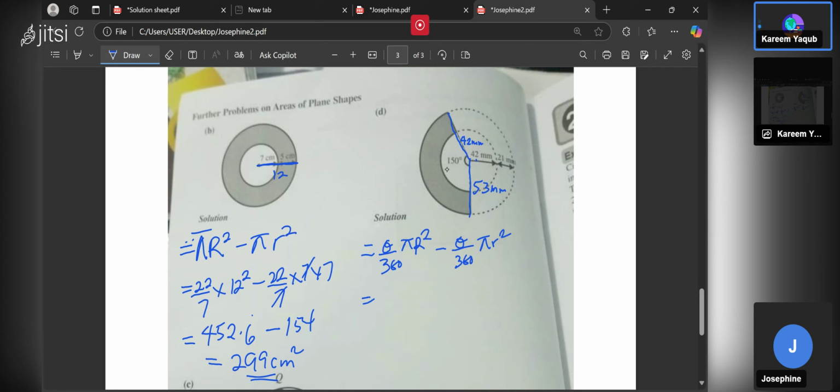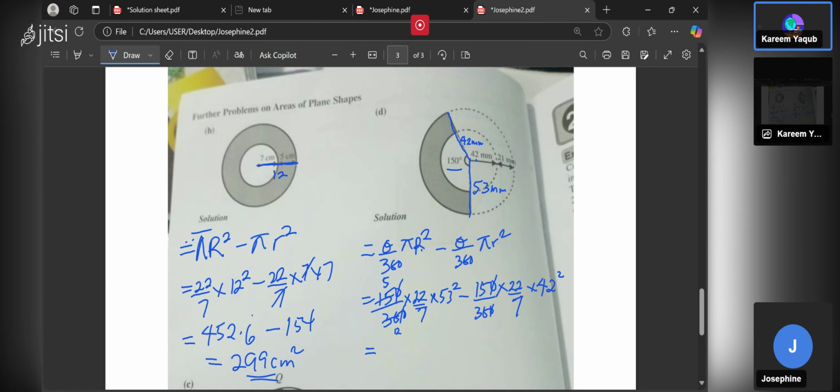The theta here is 150. So that'll be 150 over 360 times 22 over 7 times big R, which is 53 squared, minus 150 over 360 times 22 over 7 times 42 squared. 0 cancels 0, 0 cancels 0. 3 can go here, 5. 3 can go here, 12.